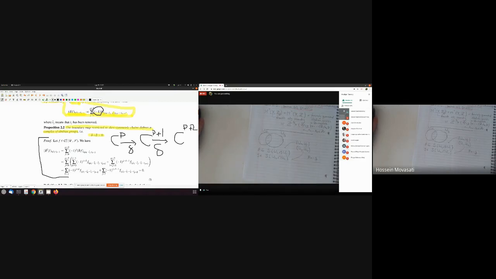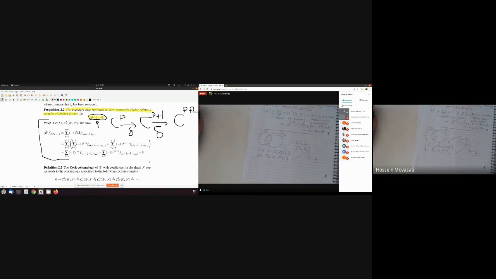At the end, the sum seems natural, but you have to choose some sign here. If you don't put any sign, this proposition is not true. During the construction of Cech cohomology, people tried many signs, and at the end they realized that this is what you need to put here in order to get this property.